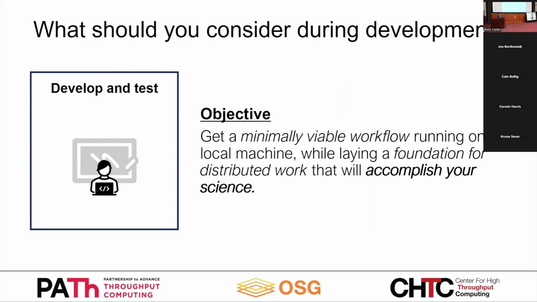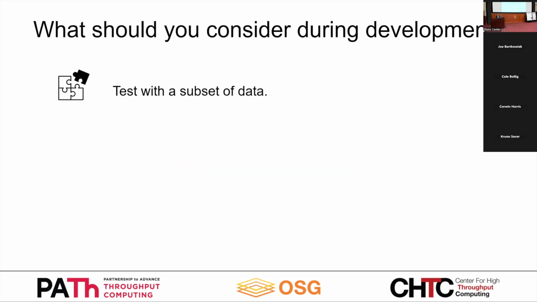So some things that you should consider during development. First off, always test with a subset of your data. You don't want to run your full test on your local computer. That's probably not why you have an account on the OSPool. Especially if you're doing really, really large models, you want that small subset of data first.